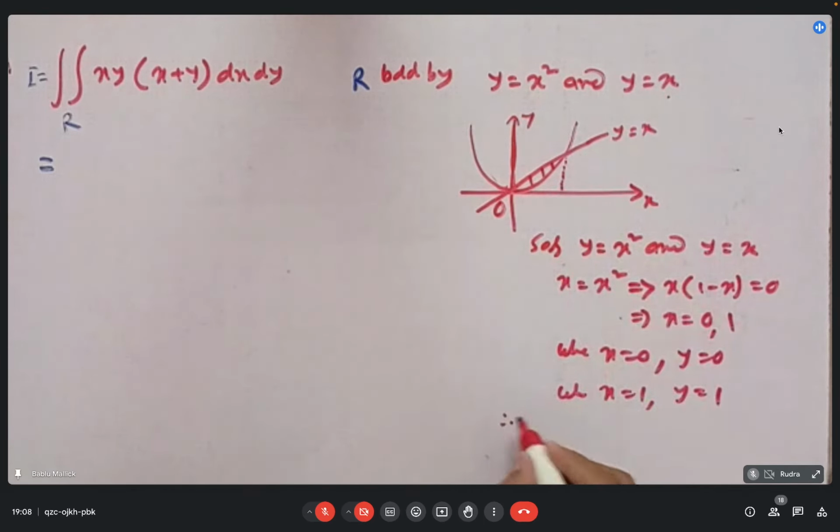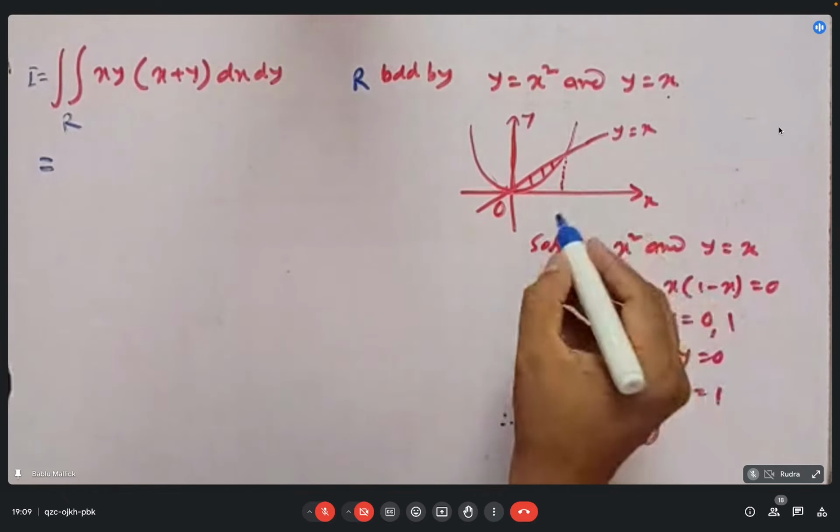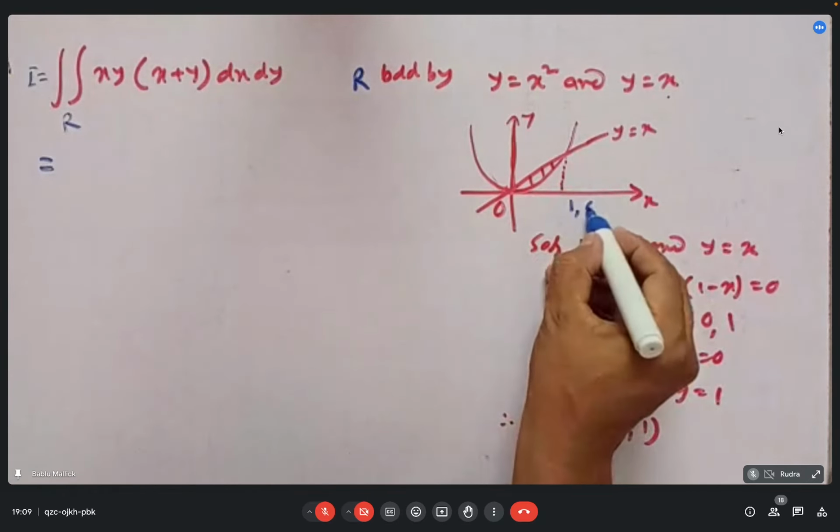Therefore the points of intersection are 0 0 and 1 1. So that means this coordinate is 1 comma 0.